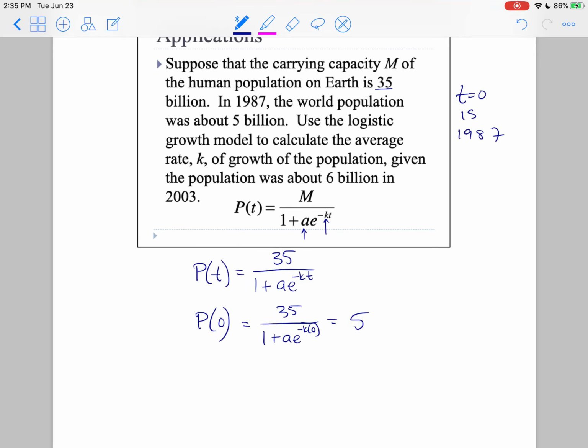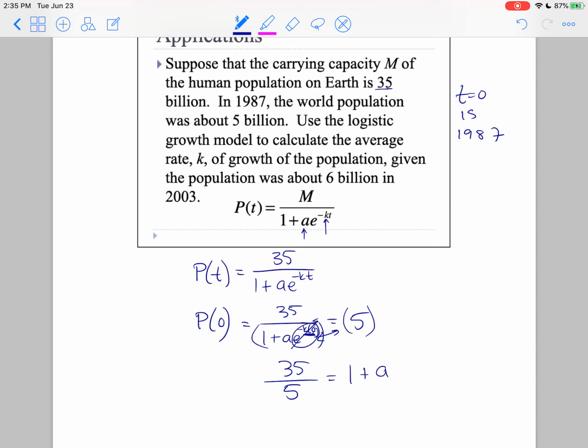Okay. So I'm going to do a little bit of voodoo here called algebra. I'm going to multiply both sides by the denominator here, and I'm going to divide both sides of the equation by 5. And that is the old switcheroo, okay? We're basically just switching these around. And so I get 1 plus A. And I just get A because 0 times k is 0, and then e to the 0 is 1.